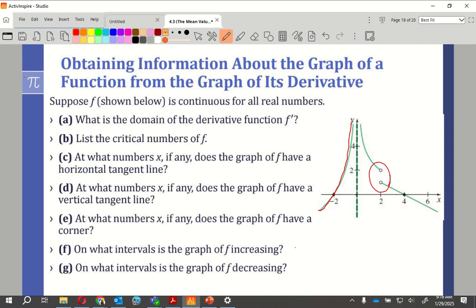Everywhere else. So that means my domain is going to be from negative infinity to 0, closed, union, open 0 to 2, closed, union, 2 to infinity.